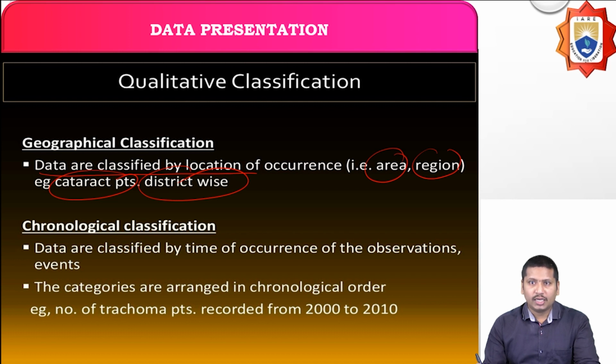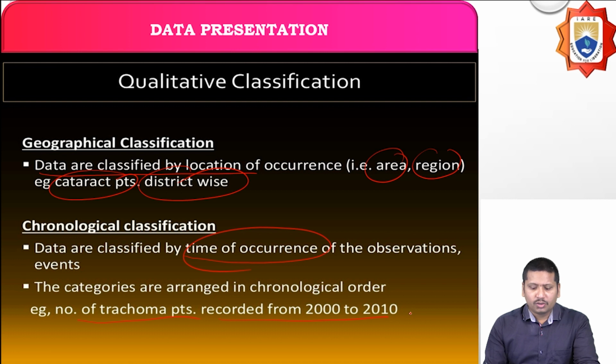And chronological classification means the data is classified by the time of occurrence of observed events, and the categories are arranged in chronological order, like the number of Trachoma cases recorded from 2000 to 2010.